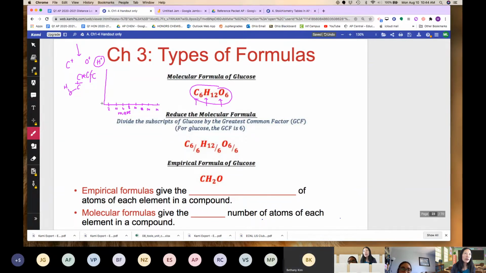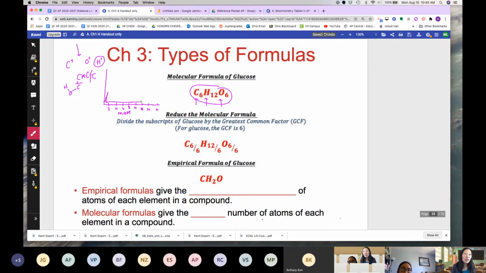You'll see a peak around 1, a peak around 12 because carbon weighs 12, and a peak around 16. But this peak would be double the height. And of course, on this side will be the percent abundance.